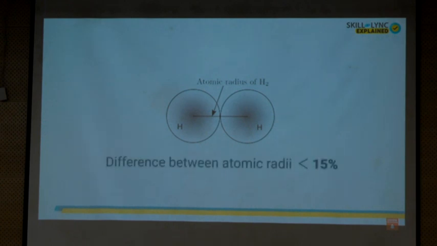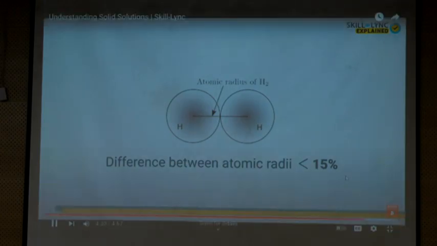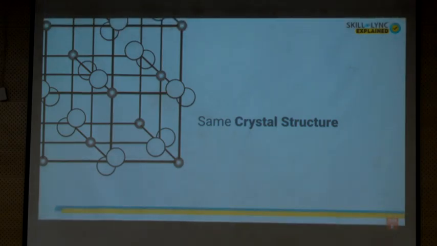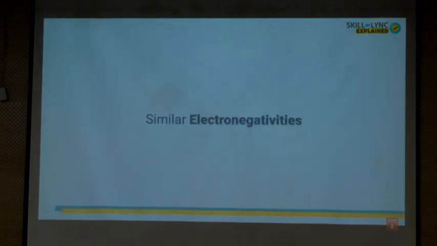The difference between the radii of the atoms must be less than 15% so that they form a solid solution. Then, both the atoms should have similar crystal structure, which favors the formation of solid solution. Next, the electronegativities, that is, the nature of the atoms to attract electrons, should be the same. And last, they should have the same valency.